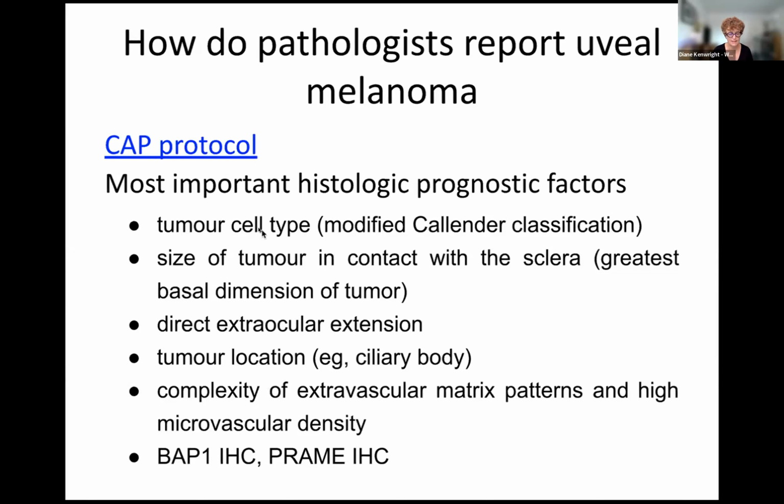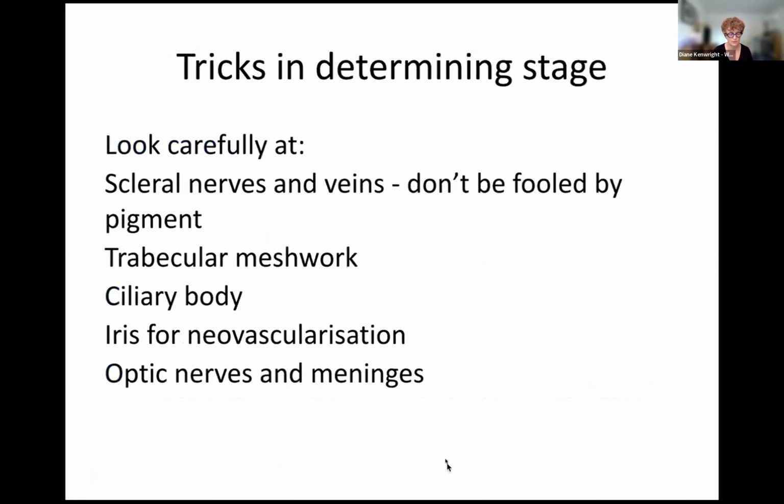The tumor cell type, the size of the tumor, basal dimension, extraocular extension, tumor location, and then the complexity of the extravascular matrix patterns, and then some IHC. So let's have a look at some of those.